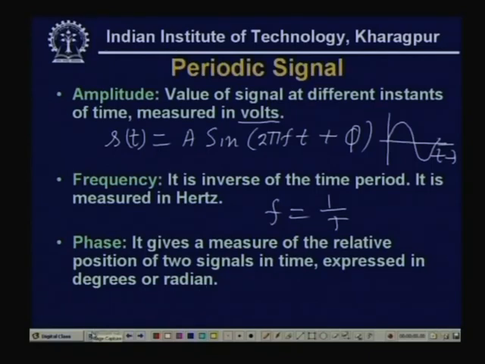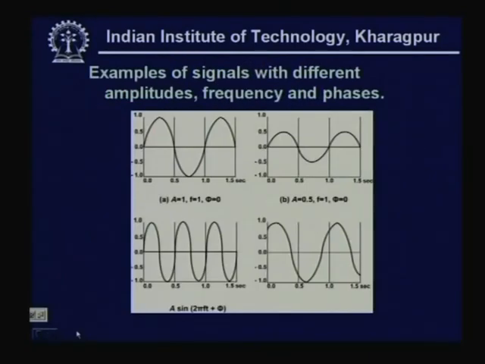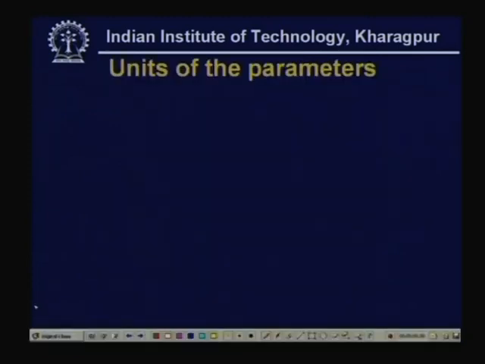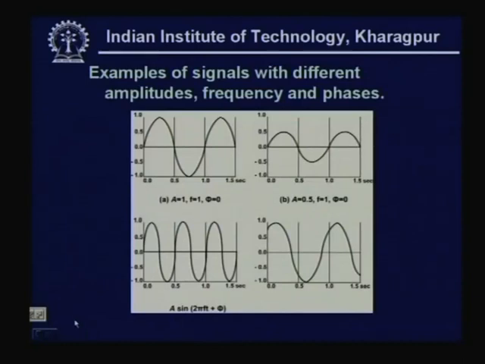Let us see examples of signals with different amplitudes, frequencies and phases. For example, this particular signal, as you can see, has peak amplitude 1 volt.